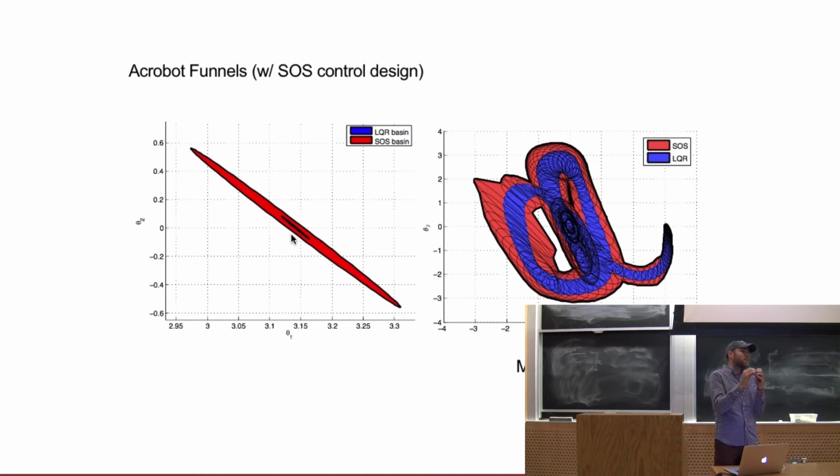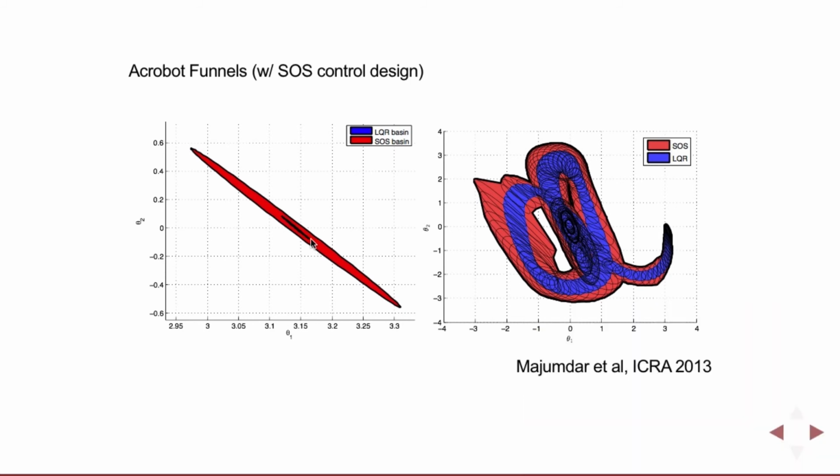Okay, but in practice, if you're willing to go to nonlinear feedback controllers, or even linear feedback controllers that are not LQR but are designed for the nonlinear system, you can get much bigger verified regions, much bigger funnels. So this is the LQR funnel at the top of the Acrobot, and it's relatively small.